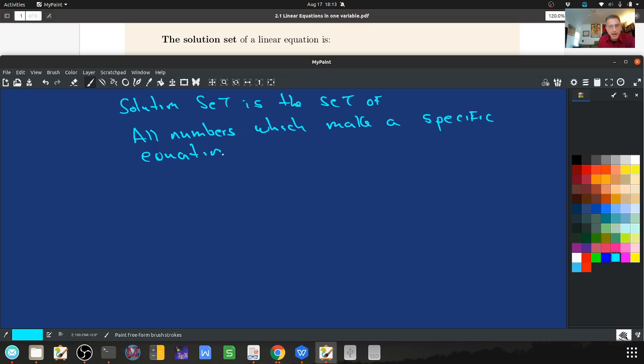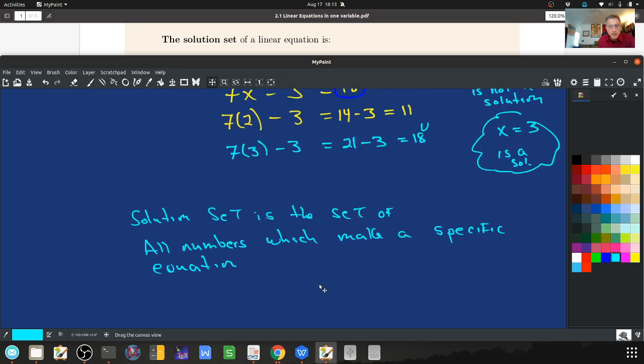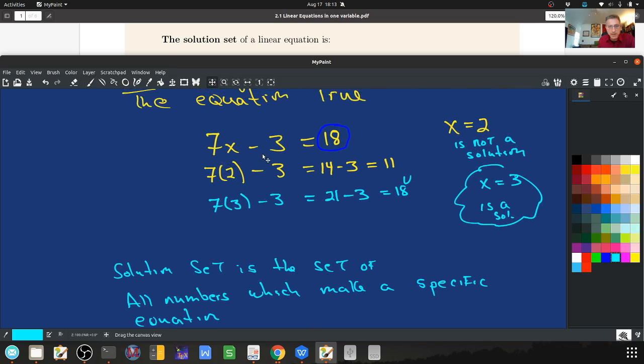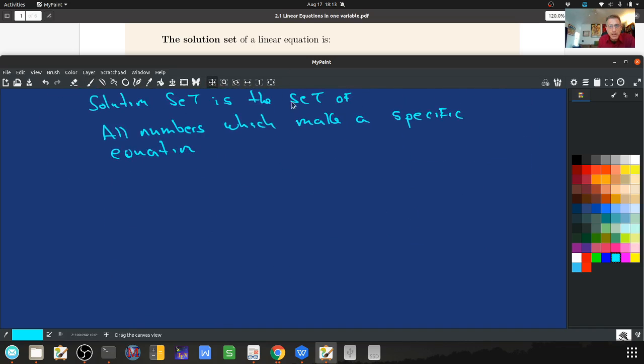So going back up to this particular equation, 7x minus 3 is equal to 18, as it turns out, our only solution is 3. So the solution set is {3}. And remember, when we create a set, the elements are placed within curly braces, and they're separated by commas if there's more than one element.